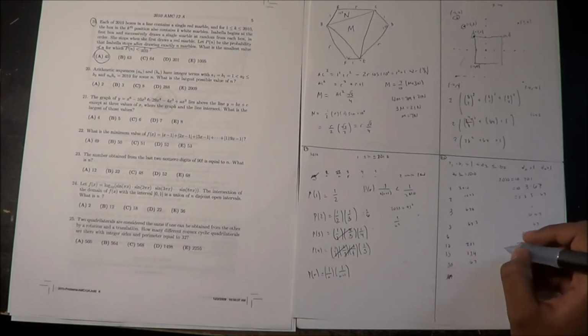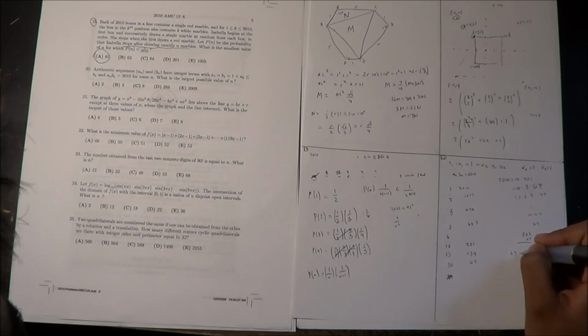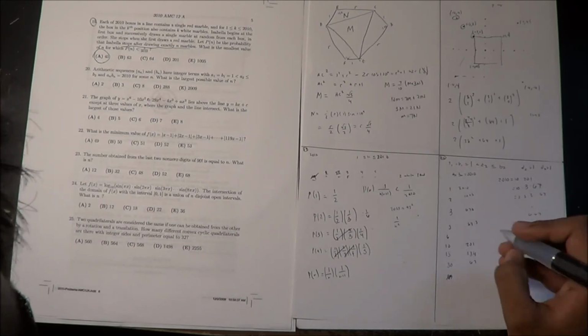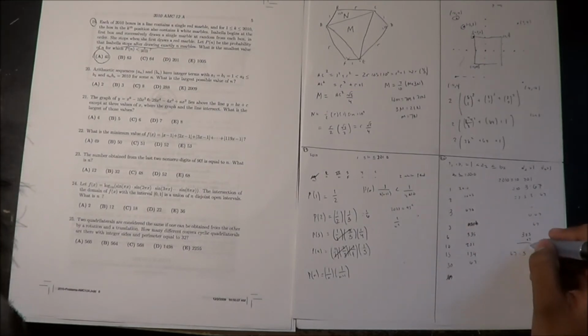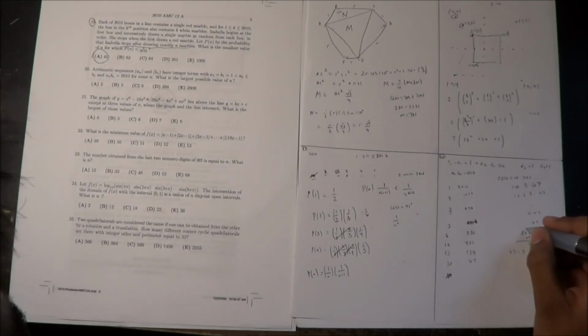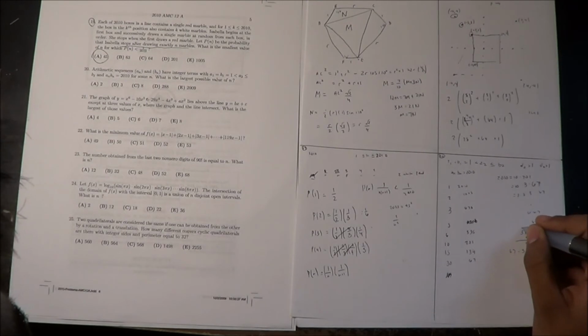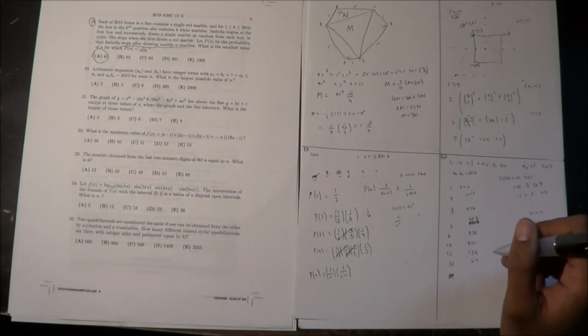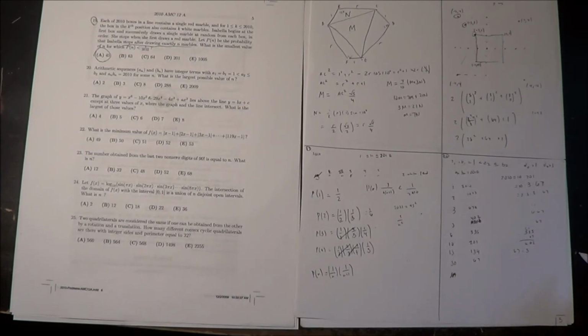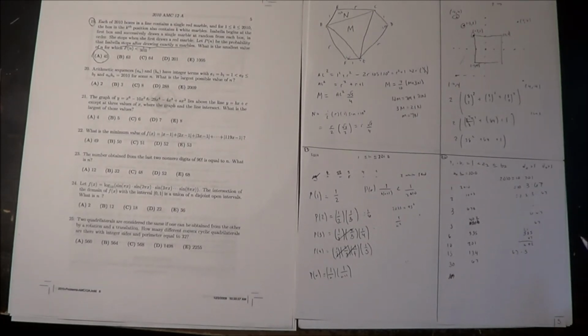And this would be 67 times 5. 335. Okay, this is 2, 402. Okay, so we just have to find which one of these would actually work.